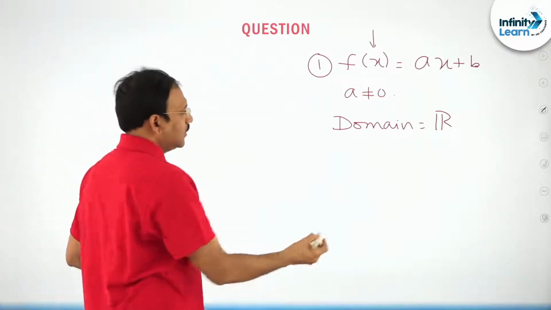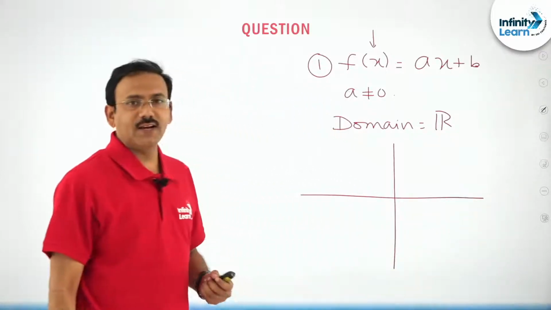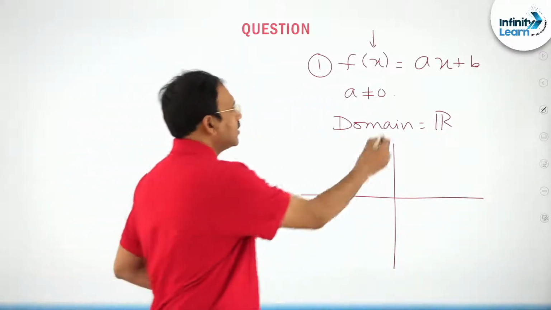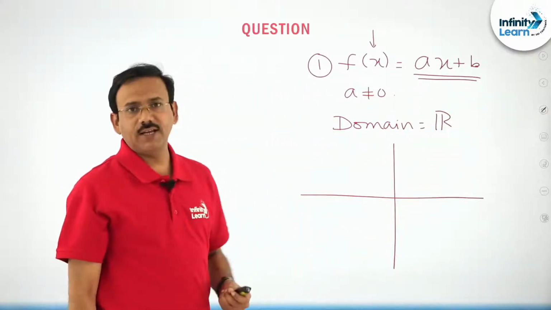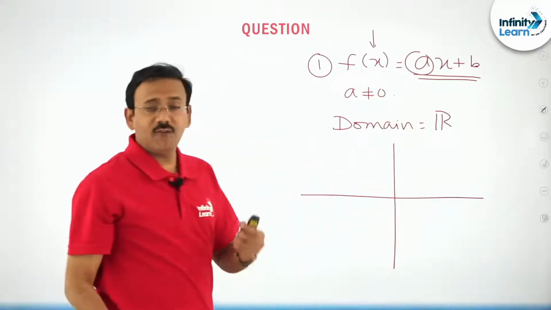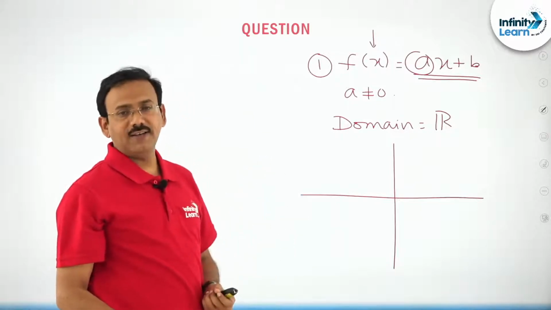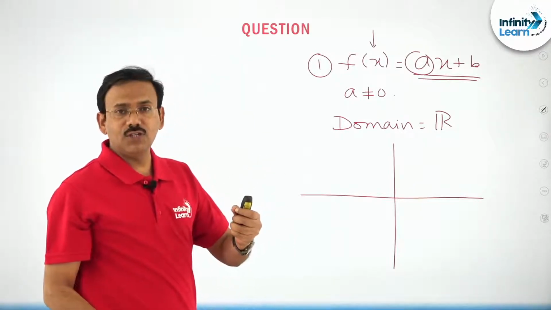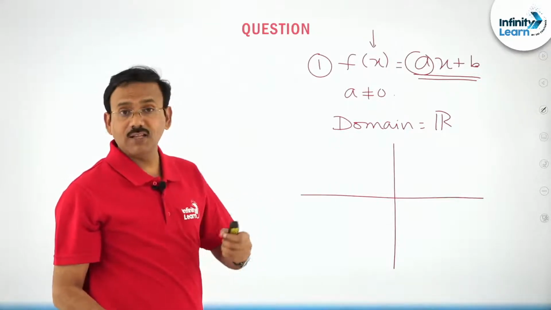Friends, you know the graph of the function may help us to find the range well. The graph of a linear expression is a straight line. Suppose a is not equal to 0; if a is 0, it is a constant function which is a horizontal line. If a is not equal to 0, it will be a straight line with some non-zero slope.